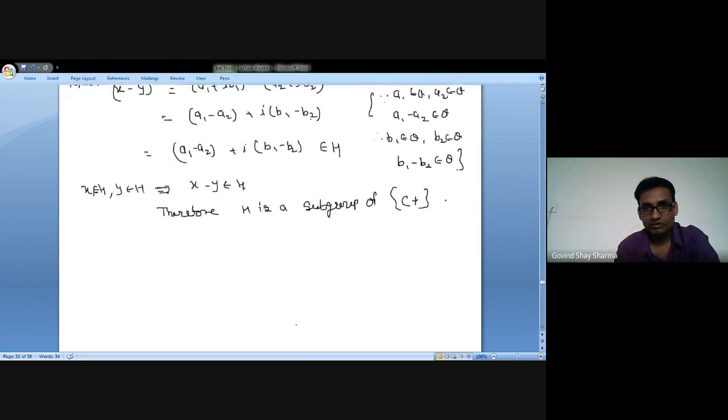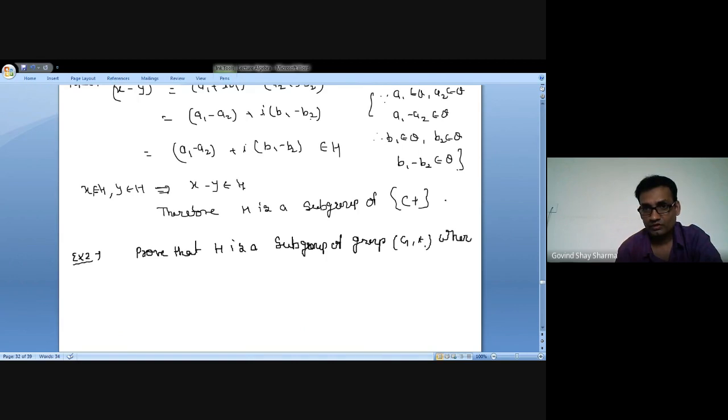Now another example. Prove that H is a subgroup of group G, where H is equal to a plus b root 2, where a belongs to Q, b belongs to Q, and a square plus b square is not equal to zero.